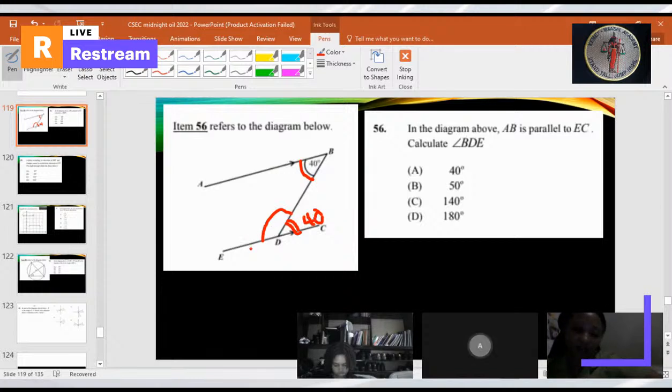Since they're on the straight line, it's equal to 180 minus 40 degrees. So angle EDB would be 180 minus 40 degrees, which is 140 degrees. Is that C?